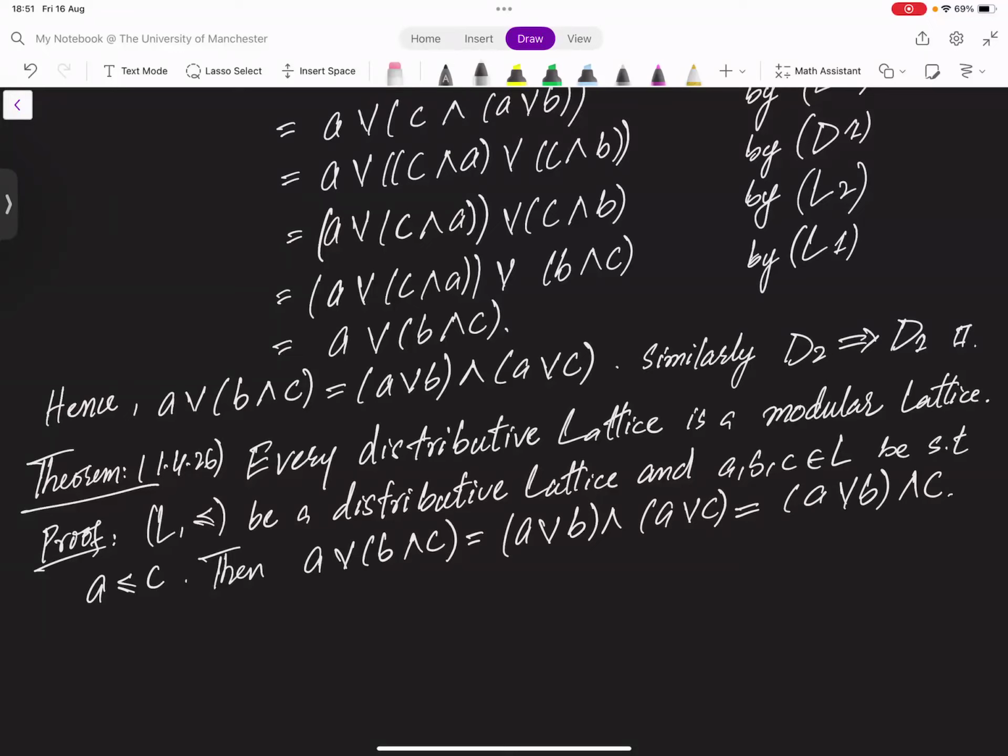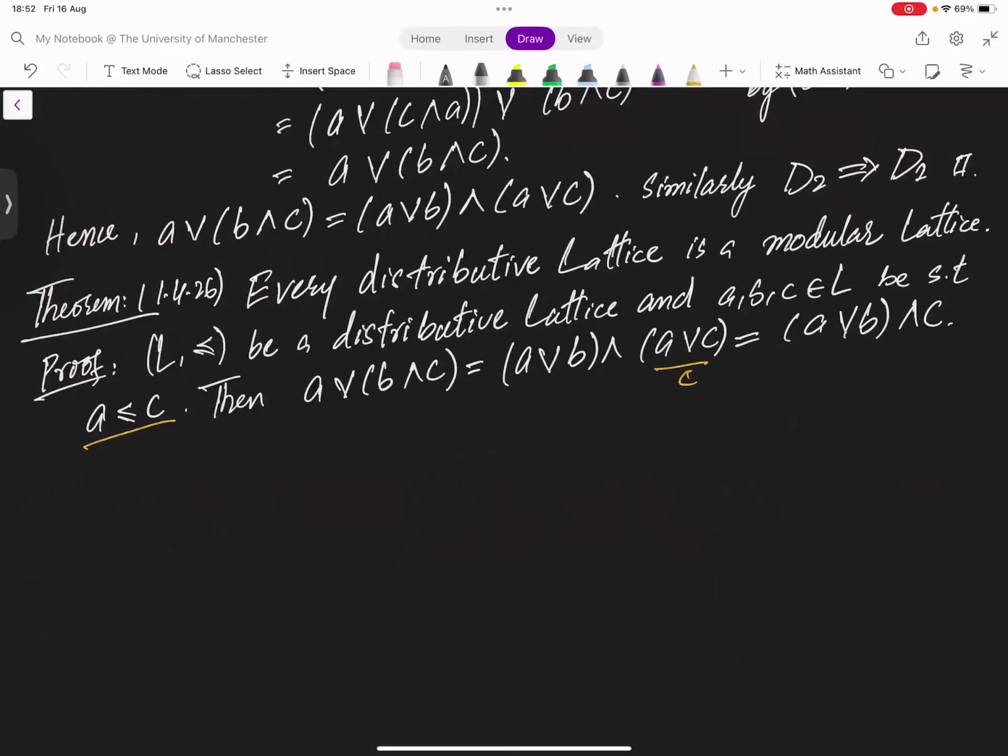Because this has this property, and then this one is only C. So hence, modular lattice.